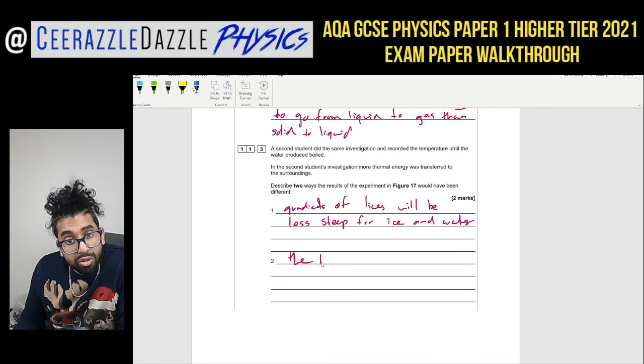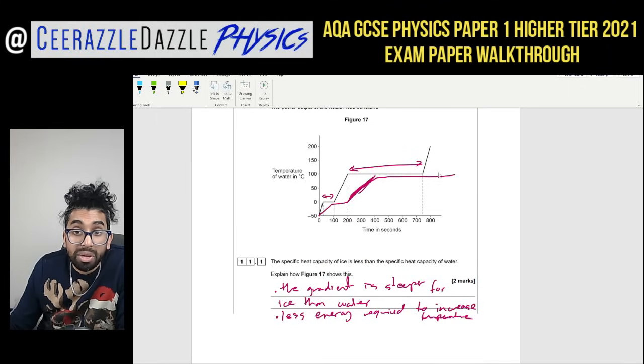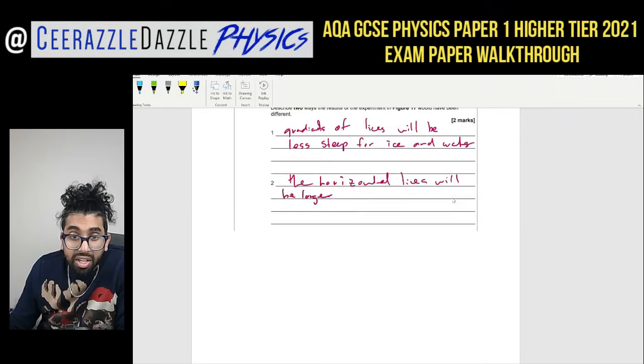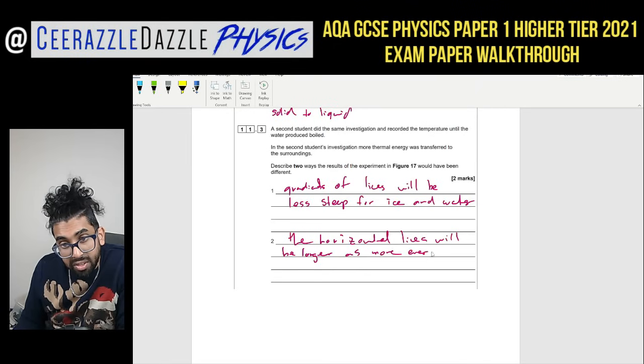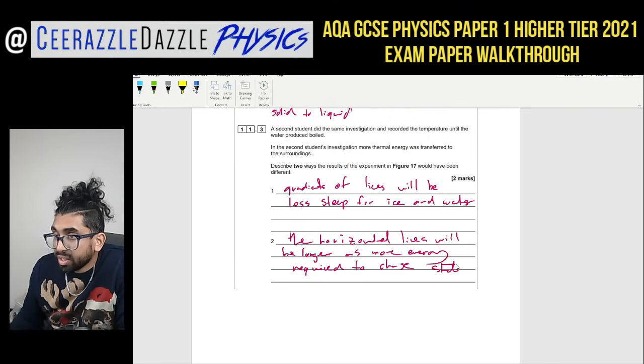So the horizontal lines, don't forget, the horizontal lines will be longer as well, obviously, because it's going to take you a longer amount of time for you to change the states. Okay, right, so it will be longer as more energy required to change state. Easy stuff here.